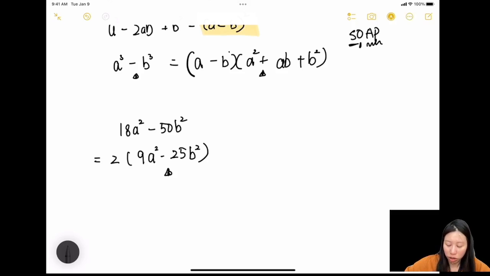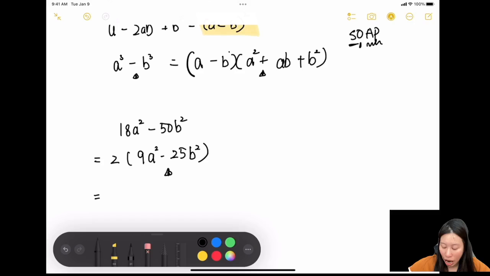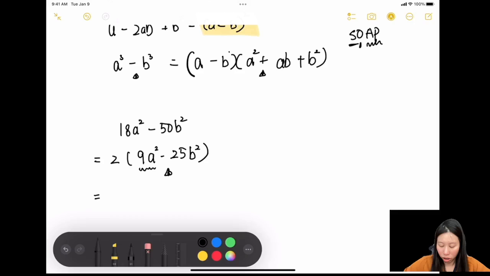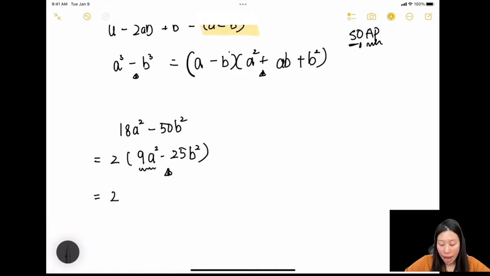Okay, so that means we need to write this as something squared. With 9a squared, we can write it as 3a squared, and 25b squared, we can write it as 5b squared.